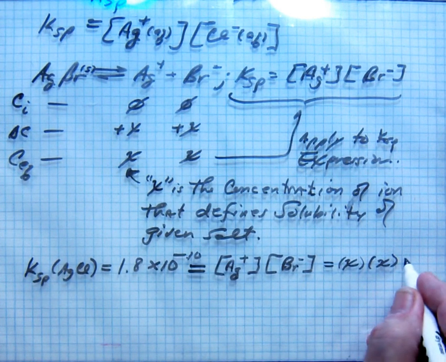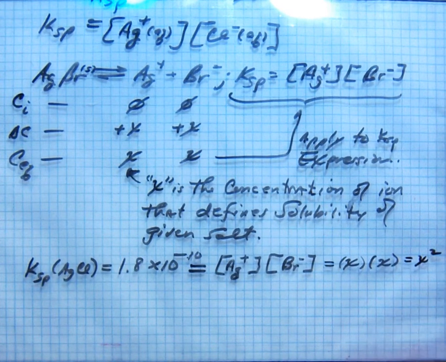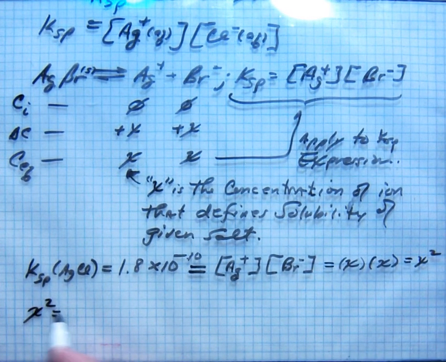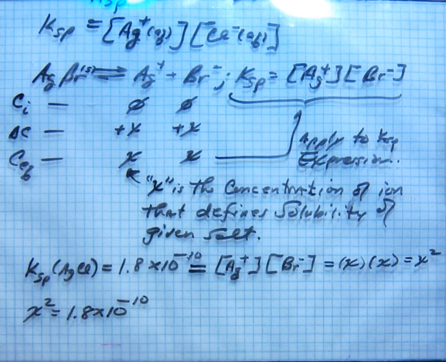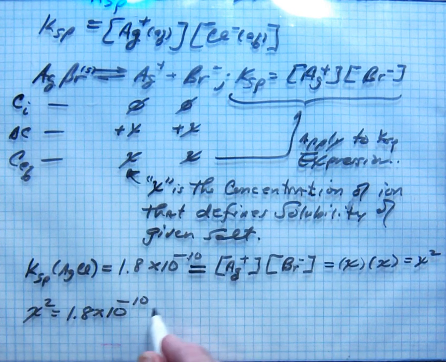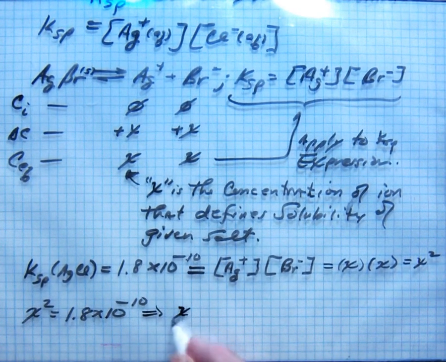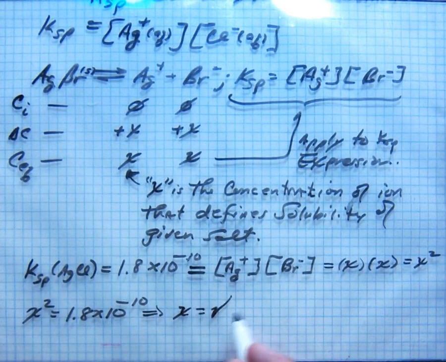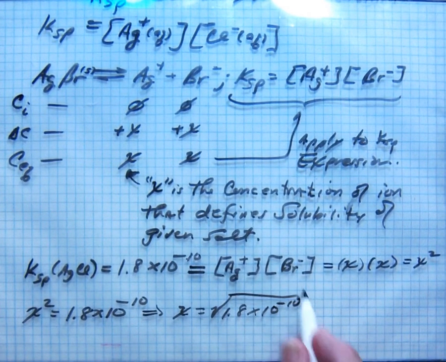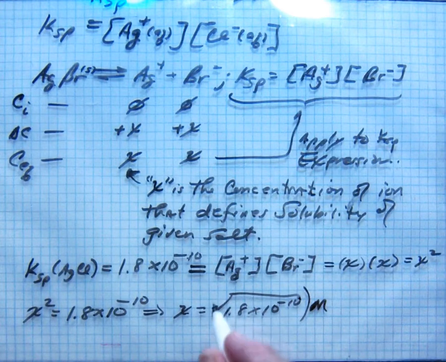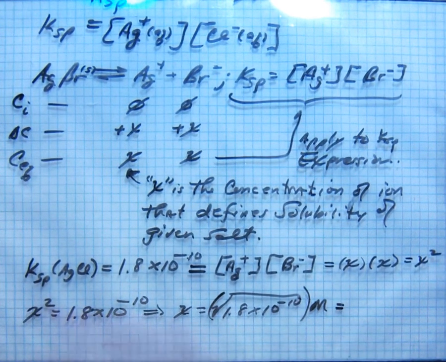Okay, so of course this is X squared. So now X squared is equal to 1.8 times 10 to the minus 10. Everybody still with me? So now this will give you X equal to the square root of 1.8 times 10 to the minus 10, and now you can tag this with molar concentration.